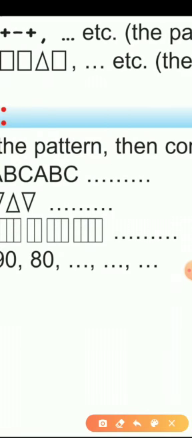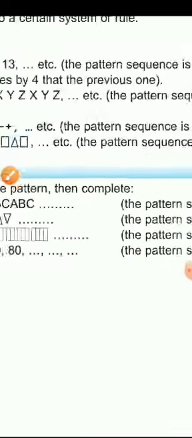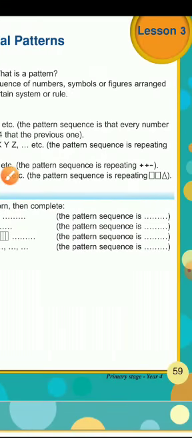You have to write the first three letters A, B, C, after that A, B, C. So here we write A, B, and C. So the pattern sequence is repeating A, B, C.